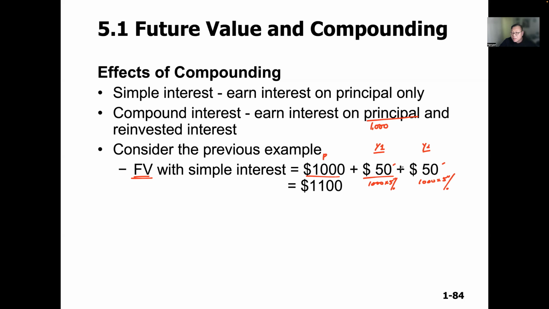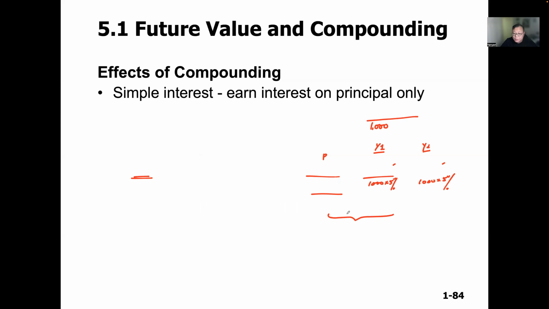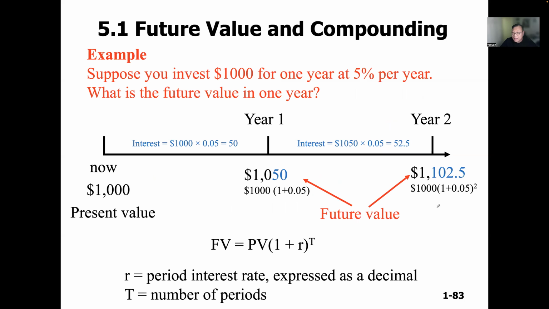Okay, so 1,000 plus 50 plus 50, that will be 1,100. The future value with compound interest, we calculated this number in the previous slide. I will show you. So that's the number with the compound interest, 1102.5.